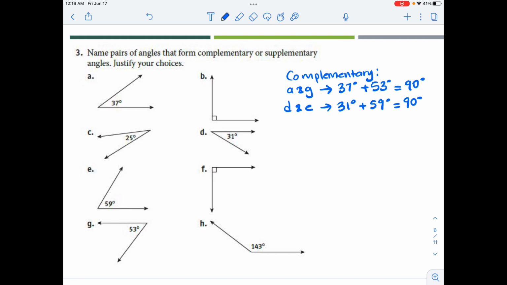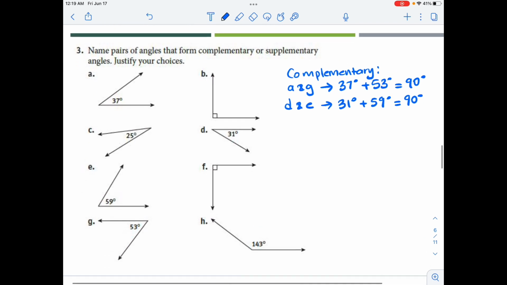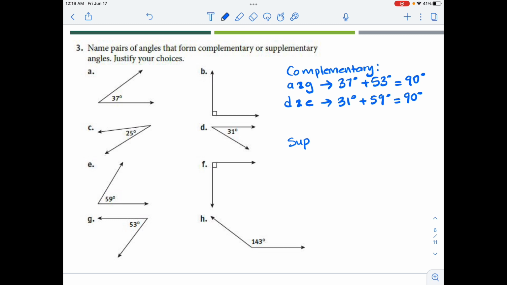Okay, now let's check out supplementary. Angles B and F are supplementary because 90 degrees plus 90 degrees will be 180 degrees. Angles A and H are also supplementary because 37 degrees plus 143 degrees will be 180 degrees.